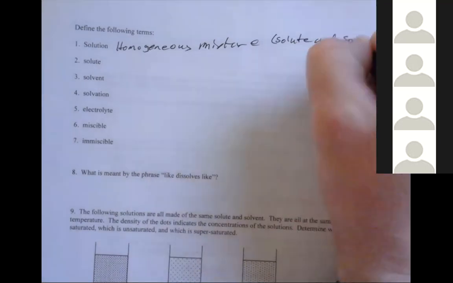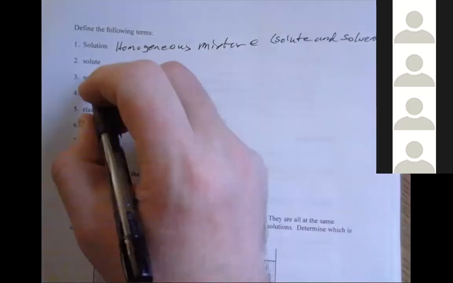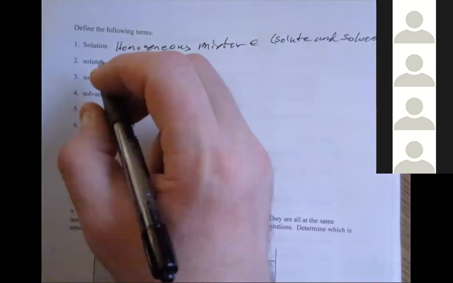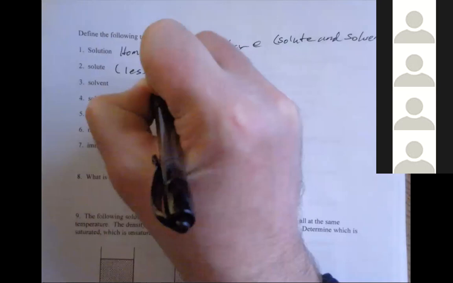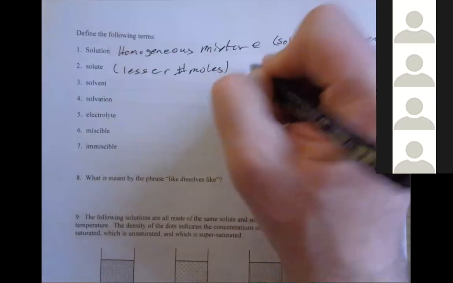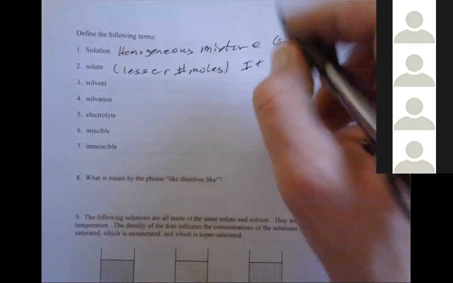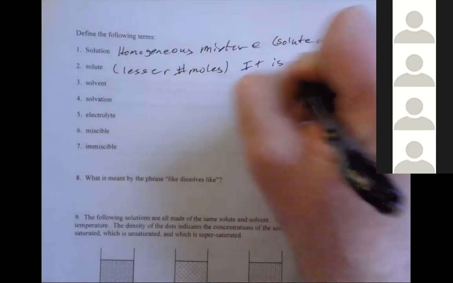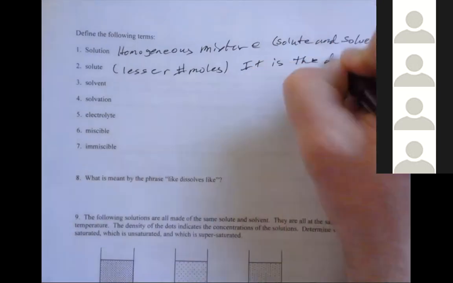What is a solute? The item that's dissolved in the solvent. Yeah. Scientists like to use this though. They say lesser number of moles in the solution. But a lot of times it is the dissolved stuff most of the time.